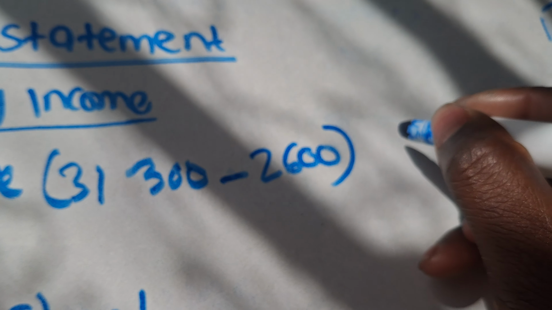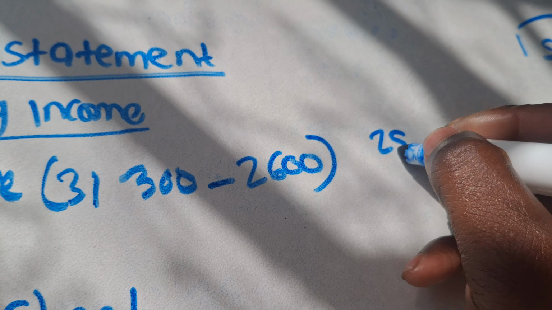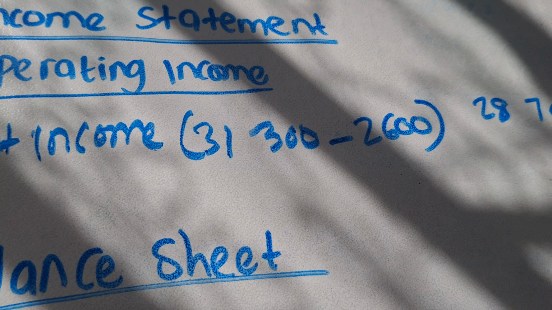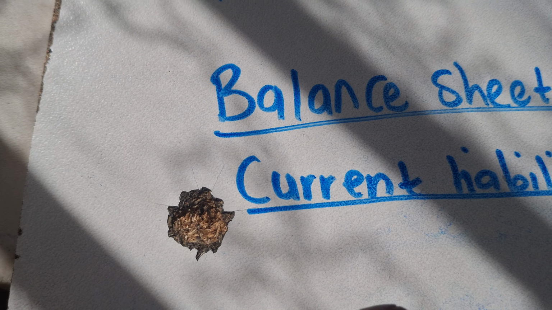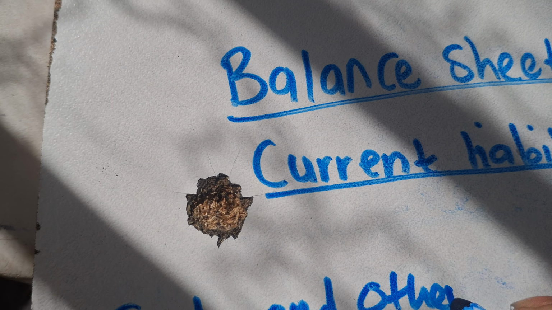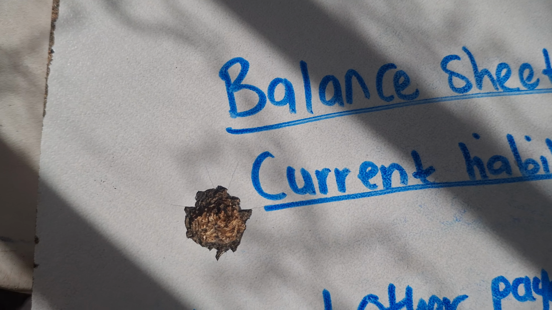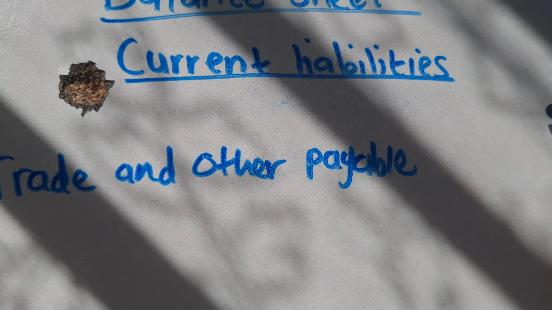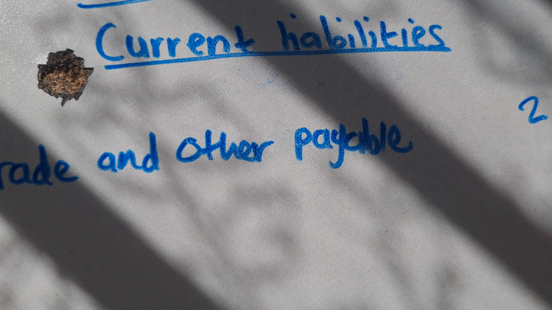Then we will only record in our income statement a rent of 28,700, right? And then in the balance sheet, under trade and other payables, we will record the rent that was received in advance of 2,600.